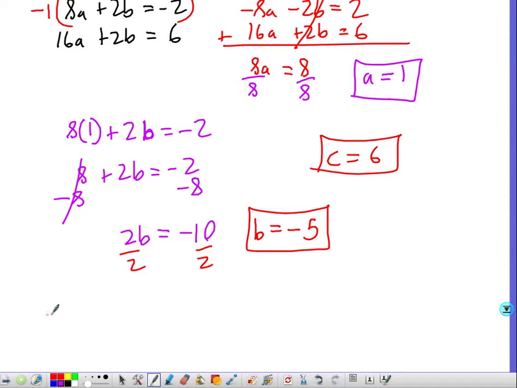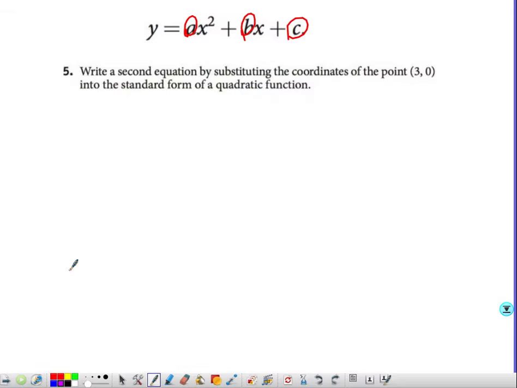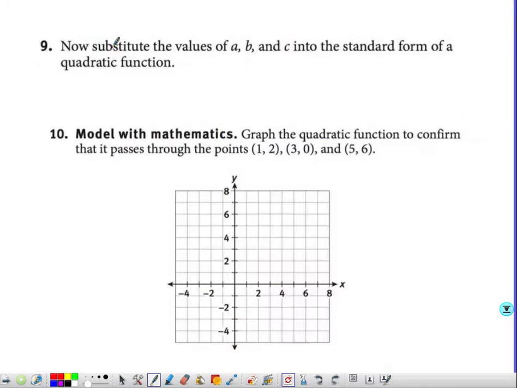Now what I can do is use this equation right here. So question number 9, now substitute the values of a, b, and c into the standard form of the quadratic equation. Standard form of quadratic equation is y equals ax squared plus bx plus c.